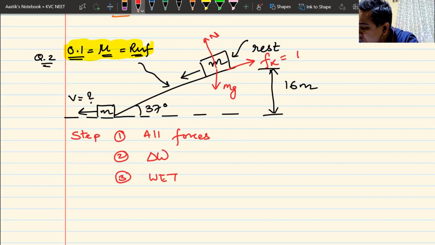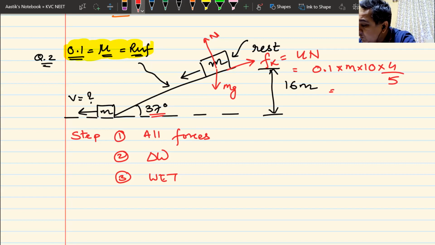So this will be equal to mu multiplied by N. N will be mg cos theta. We remember this. Mu is 0.1. So 0.1 multiplied by mg cos theta, so 0.1 multiplied by m into g, g is 10, into cos theta. Cos of 37 is 4/5.